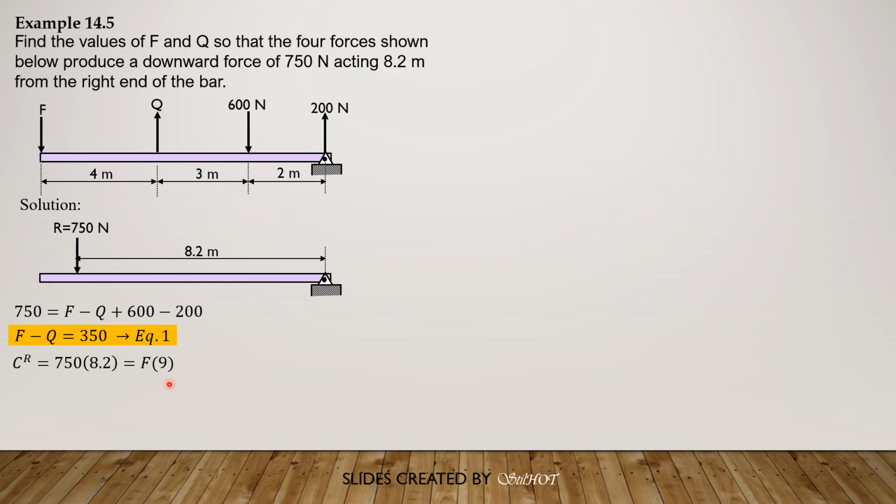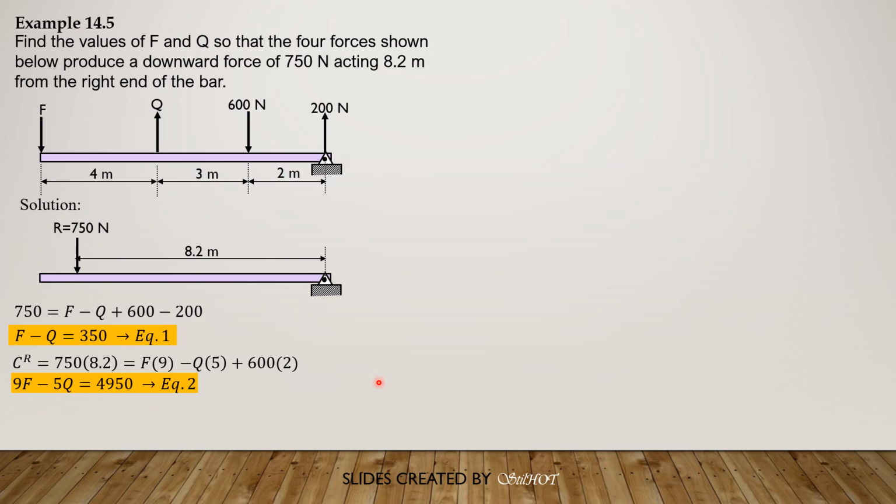Then it is equal to the sum of the moments of its components: F times 9 counterclockwise, clockwise for Q, so minus Q times 5, then plus 600 times 2, and of course the 200 newton force as the moment. So second equation: 9F minus 5Q equals 4,950.